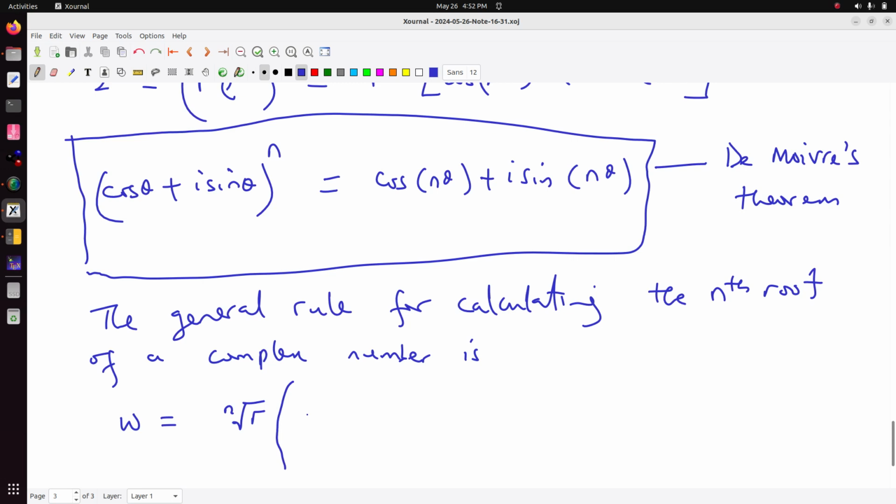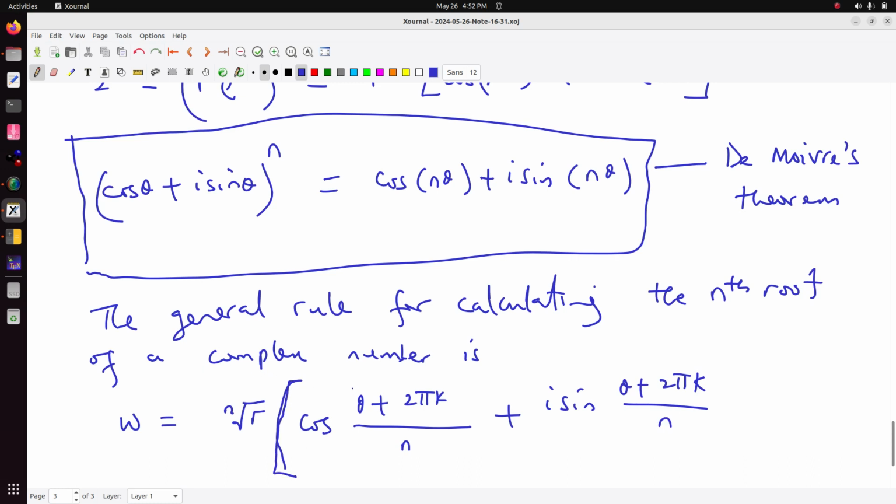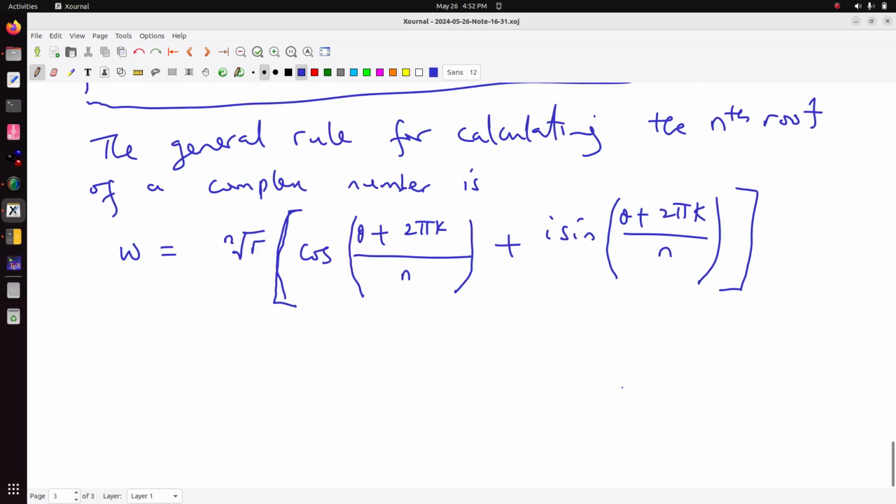Then open bracket cos of theta, that is the argument, plus 2 pi k over n, then plus i sine of the same. Let me use square bracket for this, and parentheses for this. In this case, k runs from 0, then 1, 2, up to n minus 1.